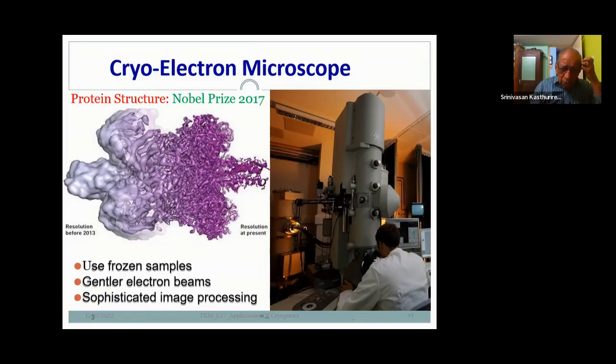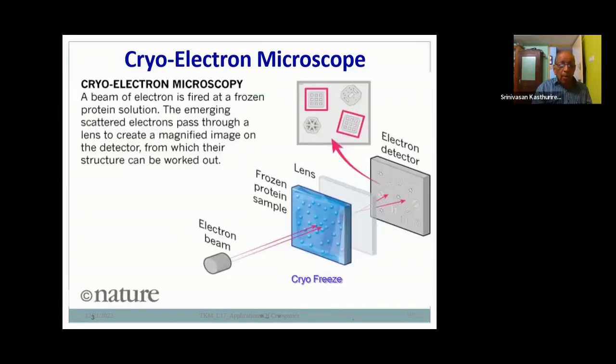Okay, so in this case, very special, very small energy electron beams are required, and highly sophisticated image processing is also required here. In the cryo-electron microscope, a beam of electrons is fired at a frozen protein solution, the emerging scattered electrons pass through a lens to create a magnified image on the detector, and from that one can determine the structure.